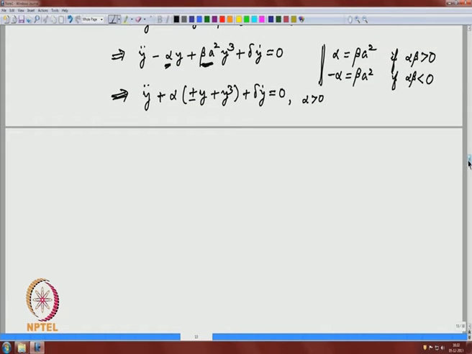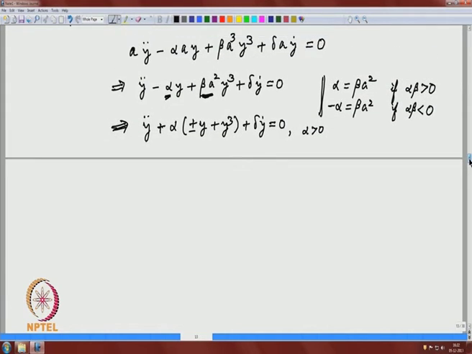now I can change t. So, put s equal to b t, and now what you get is dy by dt is dy by ds into ds by dt, and that is just b dy by ds.